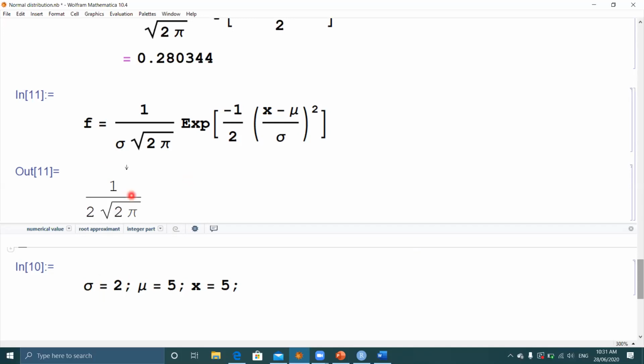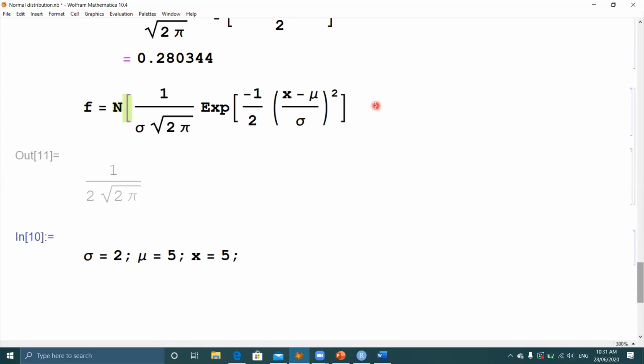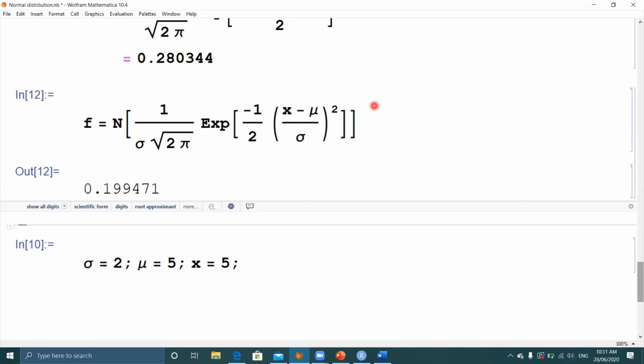Sigma is 2, so sigma is put in this whole equation. Mu is also substituted in this equation. And at the point 5, substituting 5 here, you get all these values. If we calculate it numerically, we get the value in decimal form, which is equal to 0.199471.